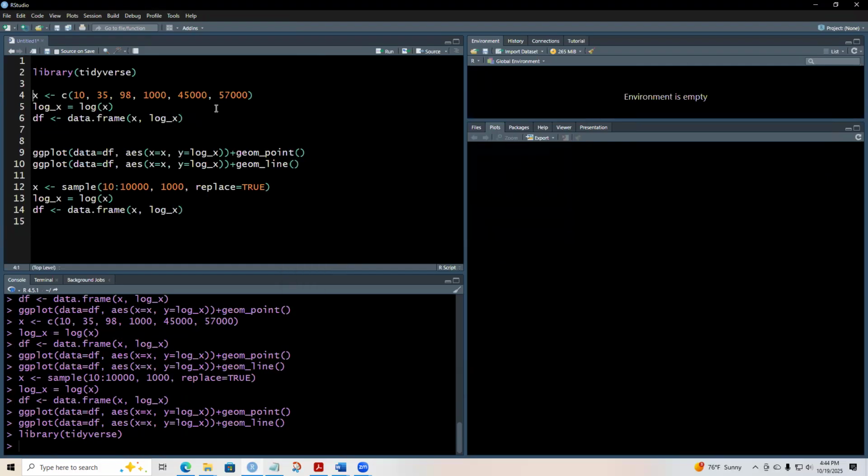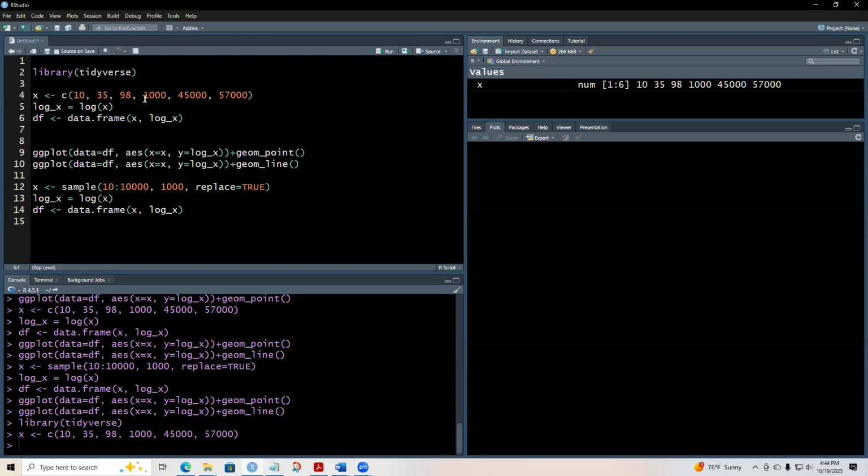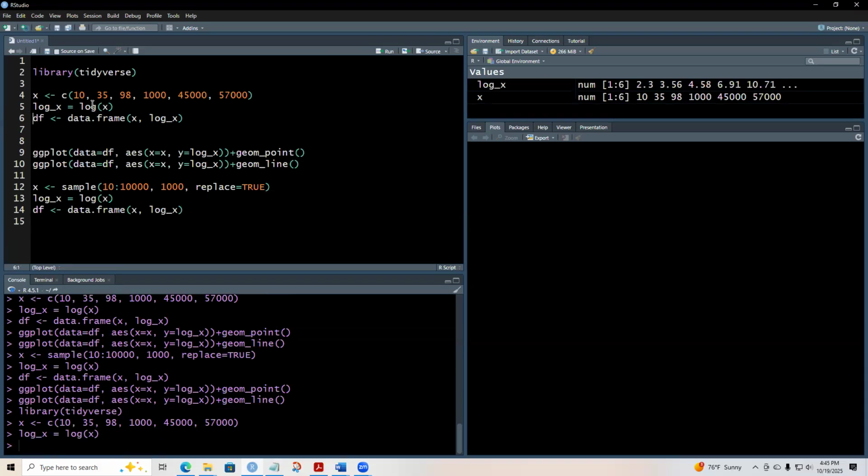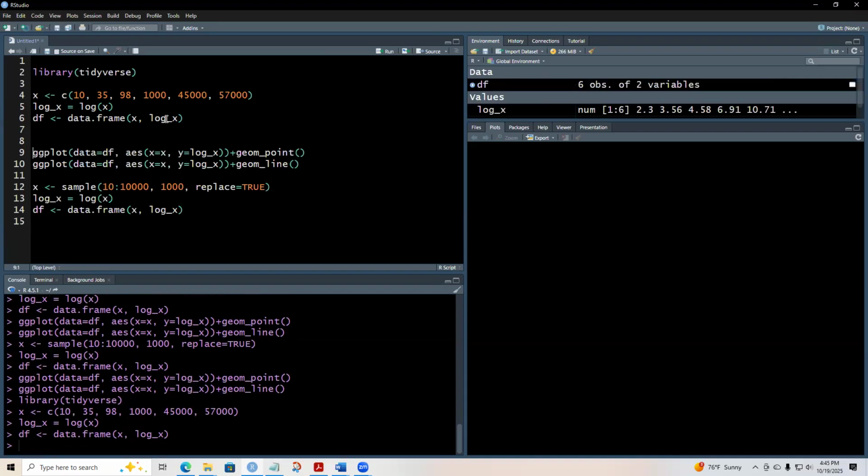So we have our loading tidyverse. Then we could create a vector of x values. So we have a vector x, 6 values. We'll call the log of x. So the function's as simple as the log of x. We'll call that log underscore x. Now we have that. So we have two variables. We'll gather them in a data frame.